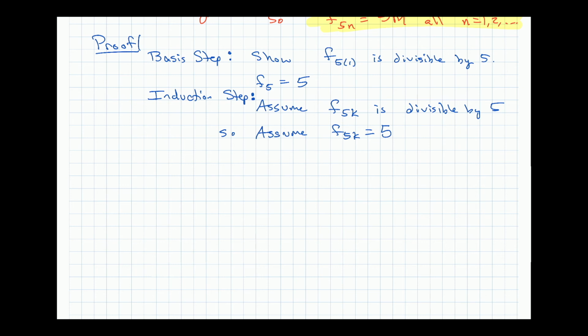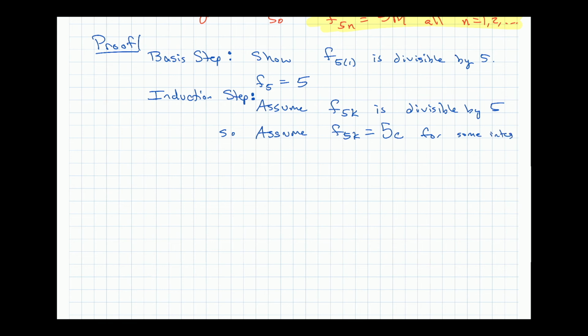What number? I could use m. I don't want to use m. We already used them. So let's just say f5k is 5c, where c is just an integer.